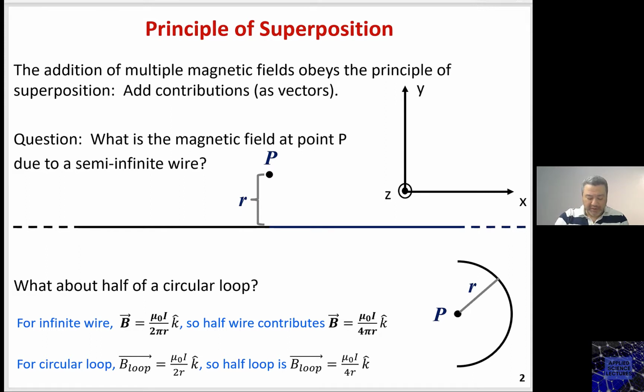And we have seen that the magnetic field for an infinite wire is given as B equals mu naught I divided by 2 pi r. And in general, we give it theta. So in general, we say the magnetic field is mu naught I divided by 2 pi r, where r is the distance from the point of interest to the wire.